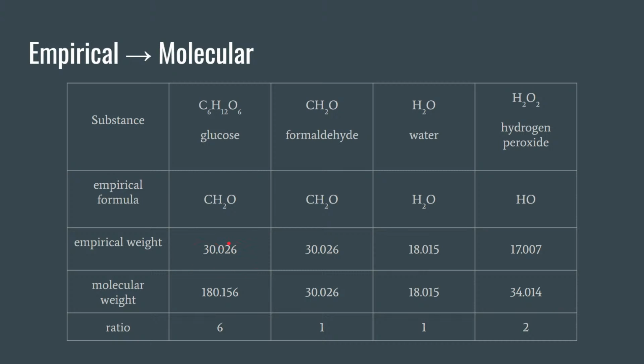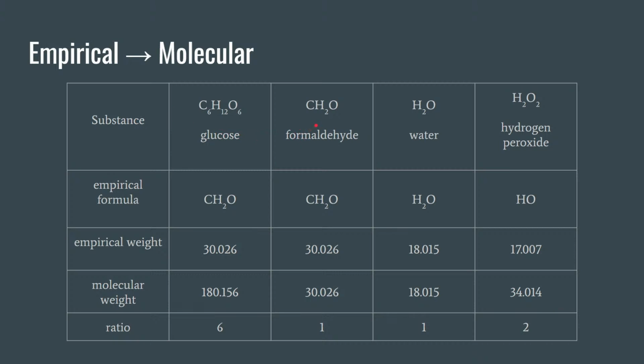Via another experiment, we find the weight of the molecular formula. We find the molar mass is 180.156. The molecular weight divided by the empirical weight gives us this ratio of 6. We multiply this number by all the coefficients. 6 times 1 gets us 6, 6 times 2 gets us 12, 6 times 1 gets us 6, and we have the molecular formula of what we now know to be glucose.